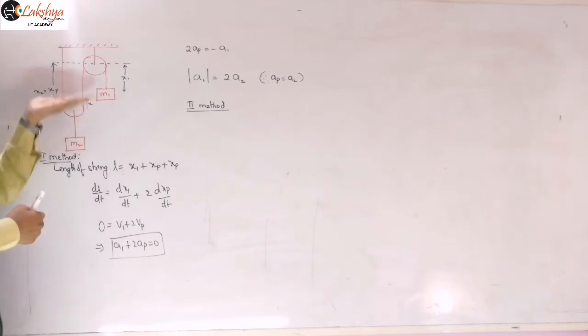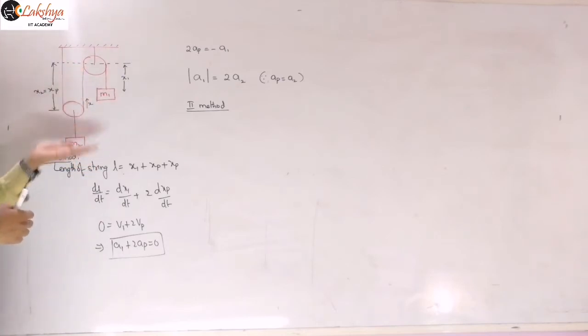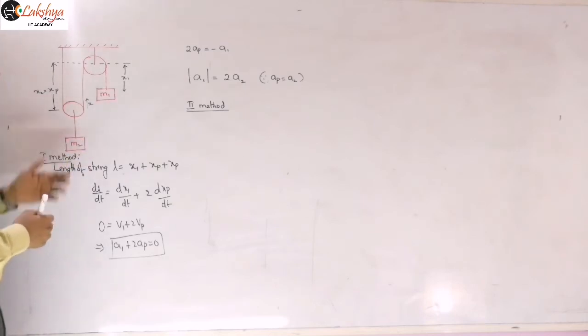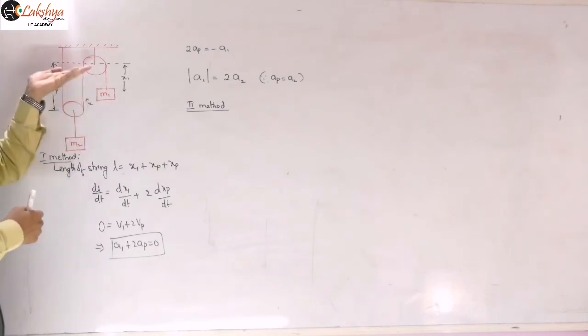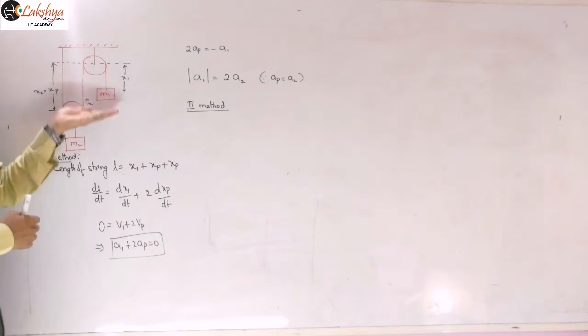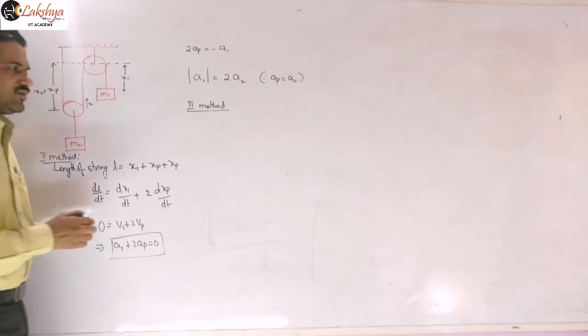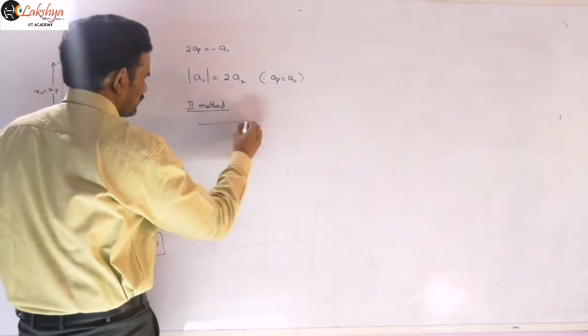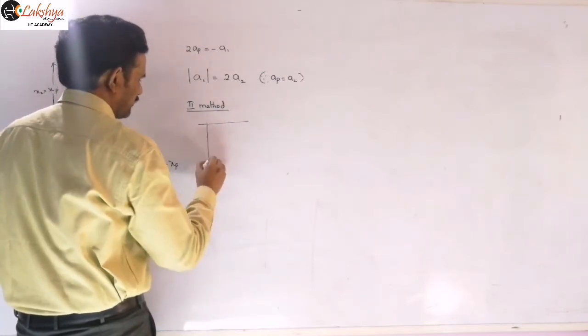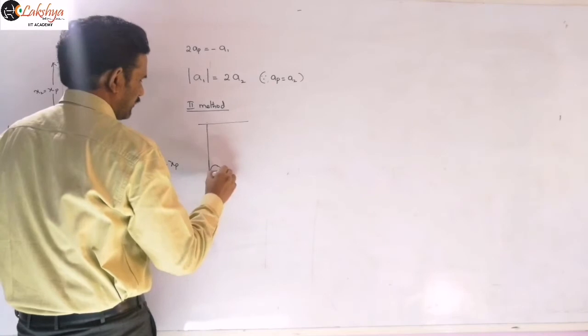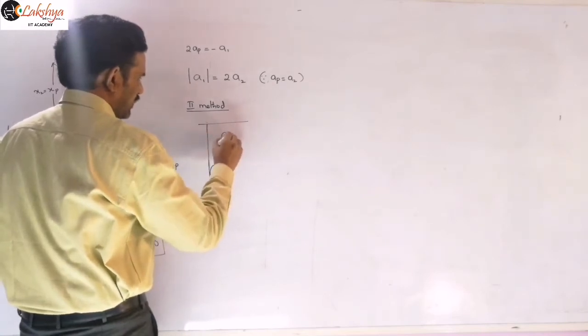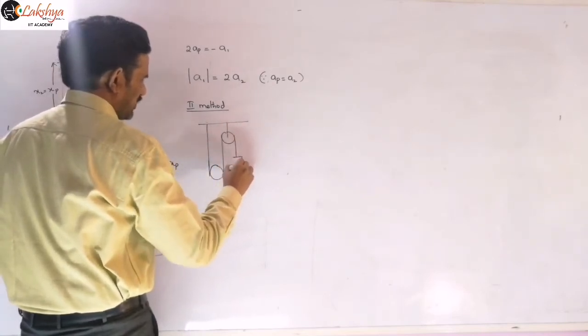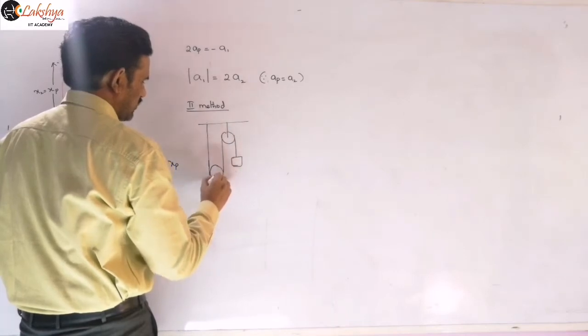So if this pulley is moving up, then this block M2 is also moving up by a distance of, say, x1. And so now it is x. It is moving up by a distance x. Then how much distance will it come down here? So I will draw this diagram again so that it will be clear to you. This is the block we are considering here. This is M1 and this is our M2.